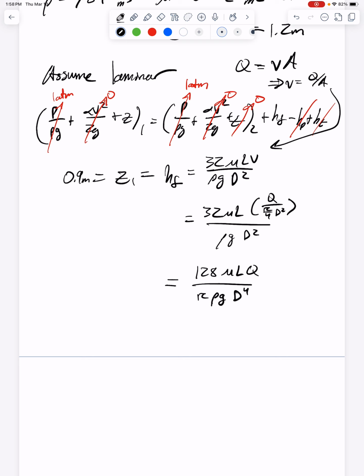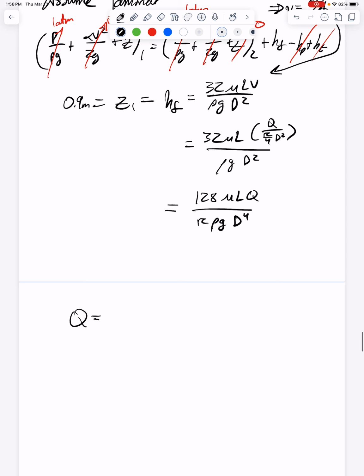Now I'm going to solve for Q because I have every other term. I have mu, I have L, I have rho, I have G, I have D. Take the reciprocal of all these coefficients, move it over to the other side. Q is equal to pi rho G D to the power 4 over 128 mu L times Z1.